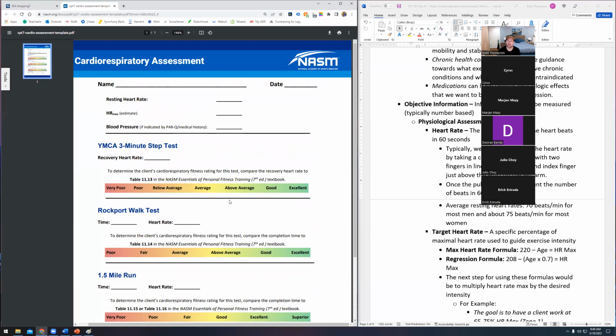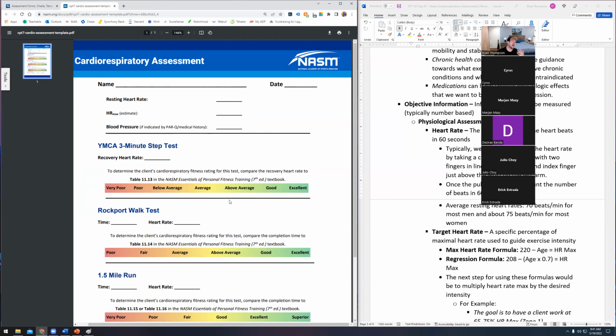So again, if I've got two 180-pound clients, both the same age, and I measure their resting heart rates, they both have about the same amount of tissue to supply energy to. They're both about the same age, so their heart should be about the same strength to supply all that blood to those various tissues.